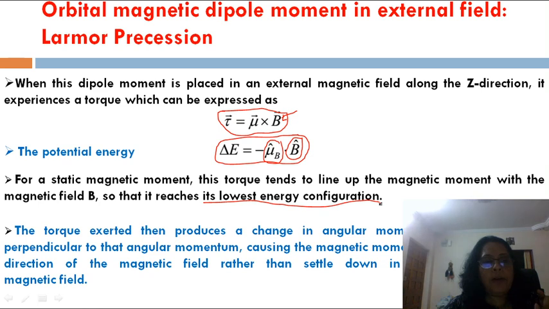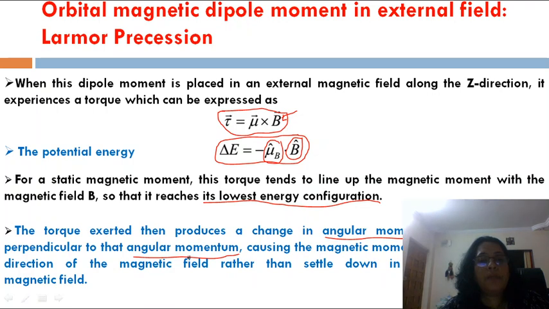And the second effect of the torque is that it will act to change the angular momentum, which is perpendicular to the magnetic field direction. What is the direction of this change? This change is perpendicular. So the parallel component of the torque will lower the energy configuration.